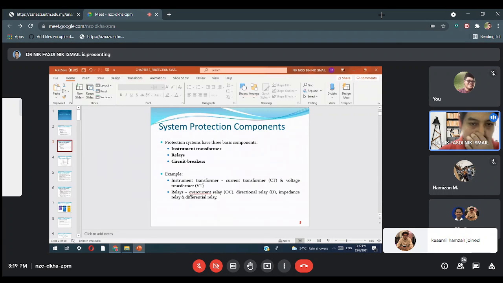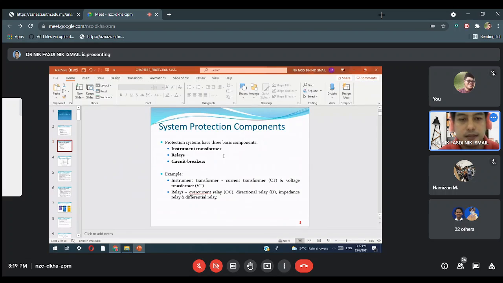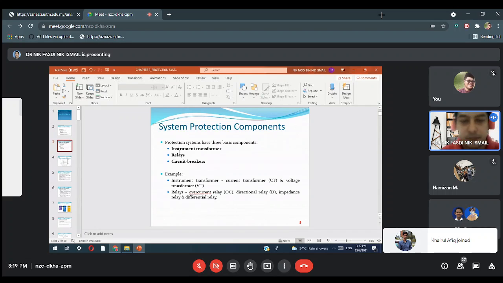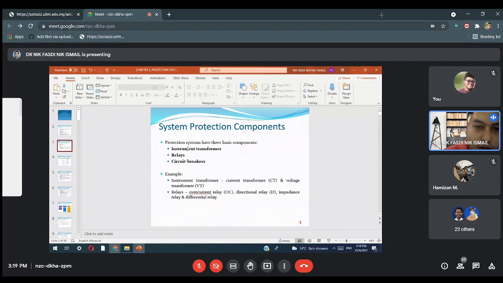Right. Power system has three basic components: instrument transformers, relays, and circuit breakers. If you want to understand protection, you have to understand these three components. When it comes to instrument transformers, we talk about current transformers and voltage transformers.